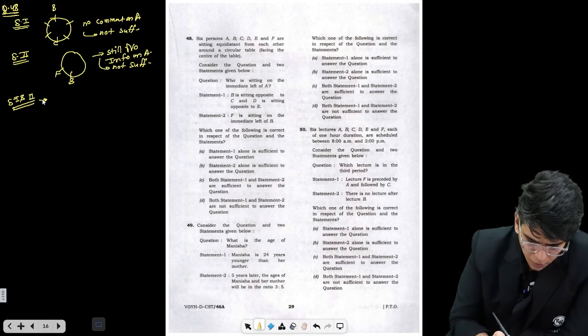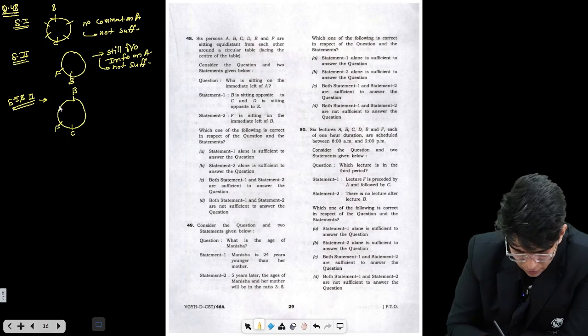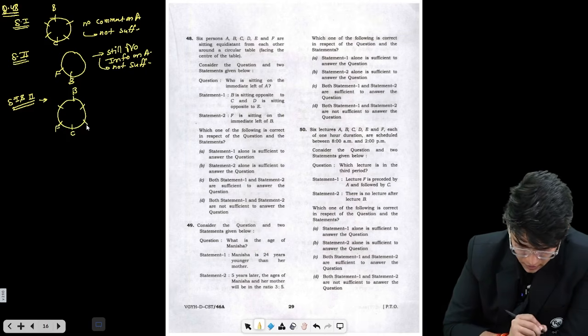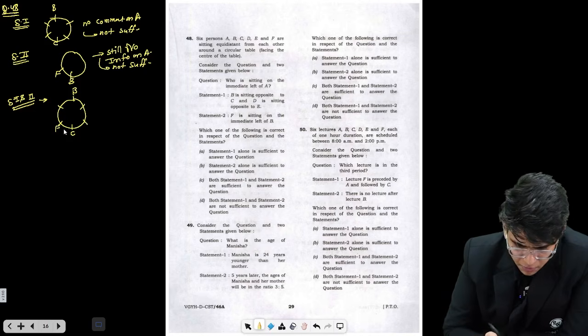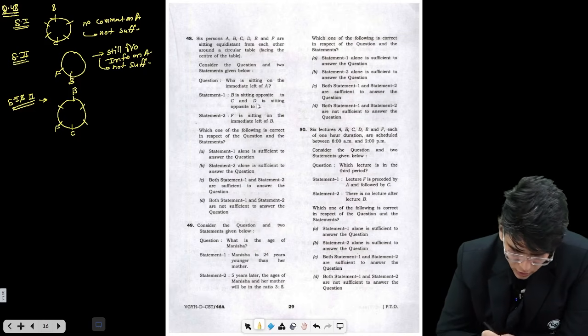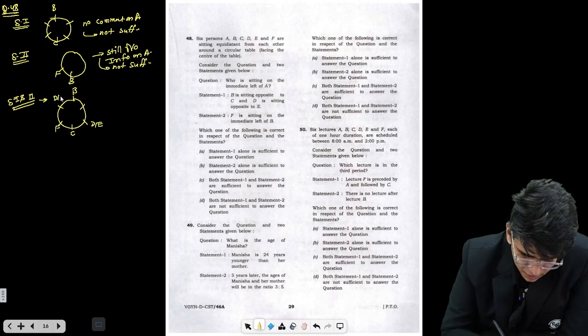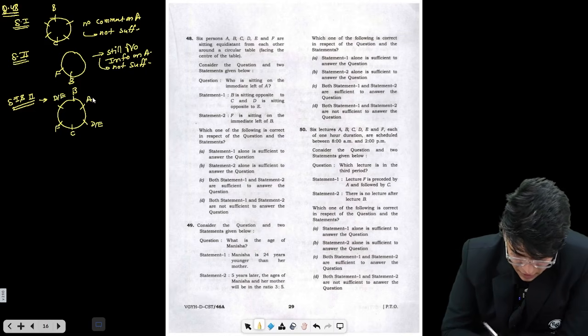Now suppose B is opposite to C and F is immediate left of C. That means now also D is sitting opposite to E. So D and E can be anywhere here. A will be here.